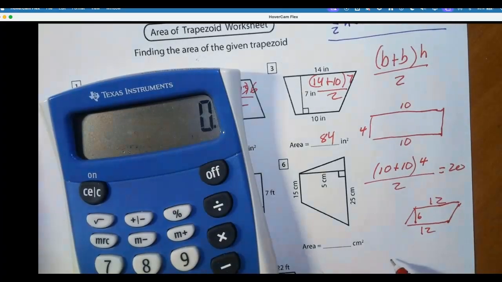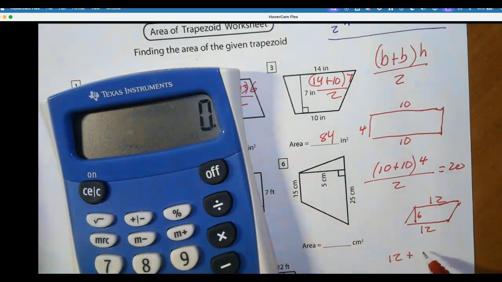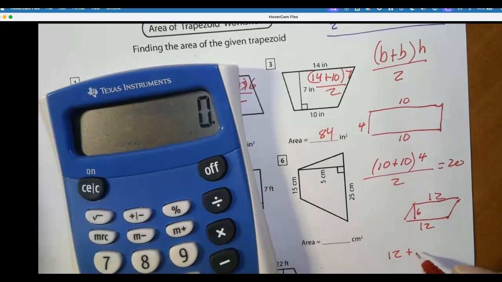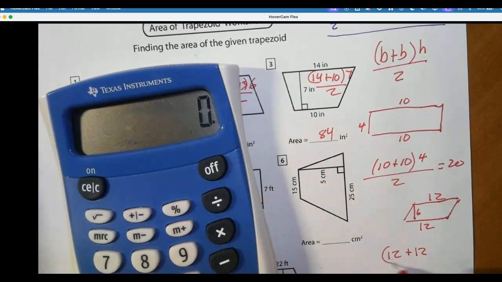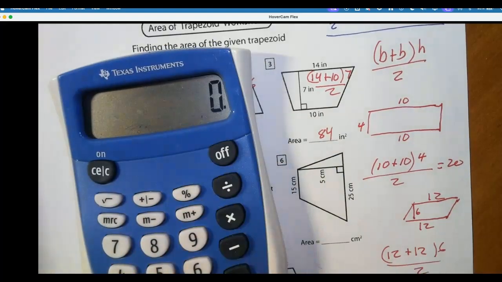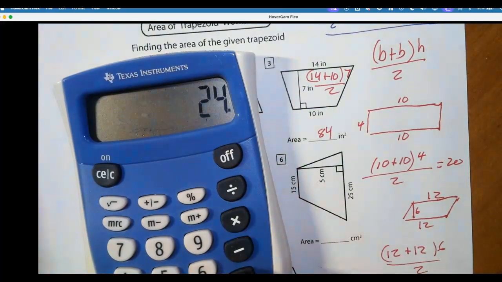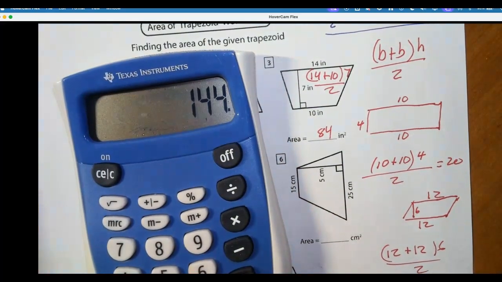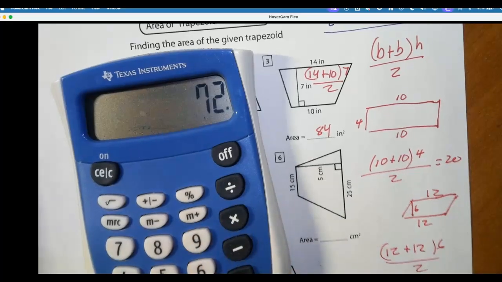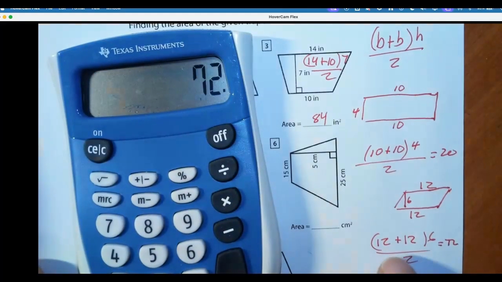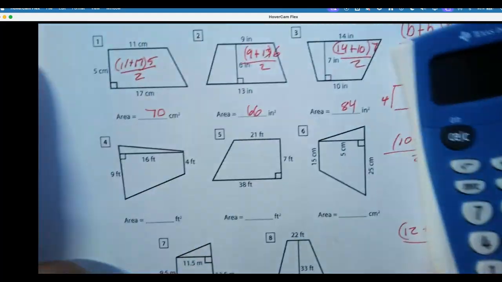So again, you add the bases together, 12 plus 12. Base times height would be 72, right? But we'll just do it the trapezoid way. 12 plus 12 is 24. I'll take that times the 6. It's 144, and I'll divide it by 2. There's your 72.